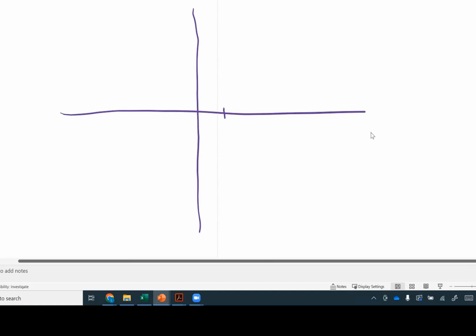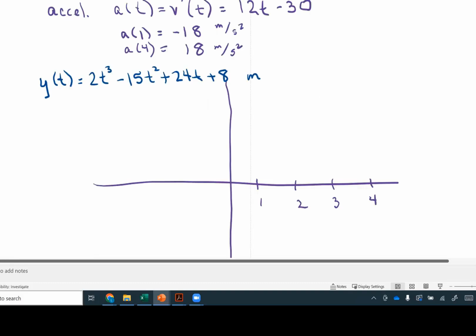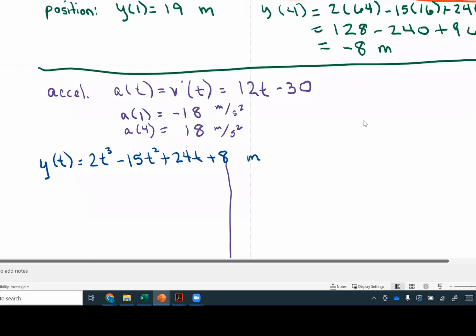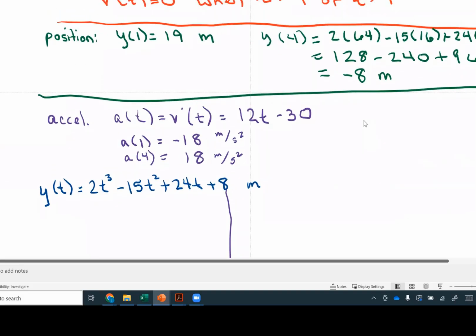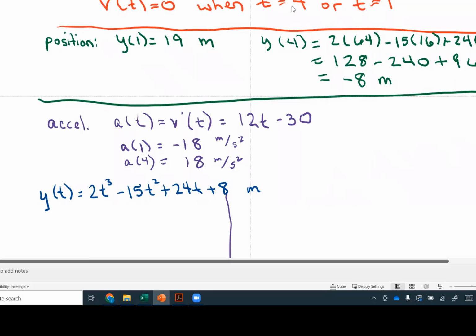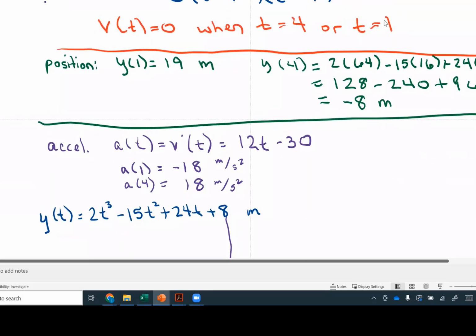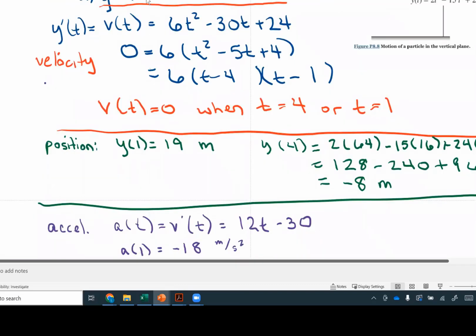And this is 1, 2, 3, 4. So this is my function that I'm trying to graph. I know a couple of things. I know when t equals 1 and t equals 4, my velocity is 0. Remember, when I take the derivative of a function and I set it equal to 0, that gives me my maximum and minimum values.